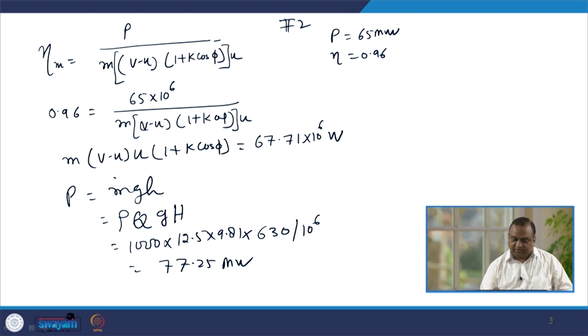Power developed in the vanes is 67.71. So, this is the difference and this is the loss which is incurred in the distributor, right.